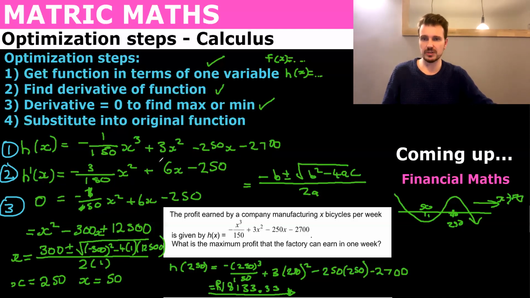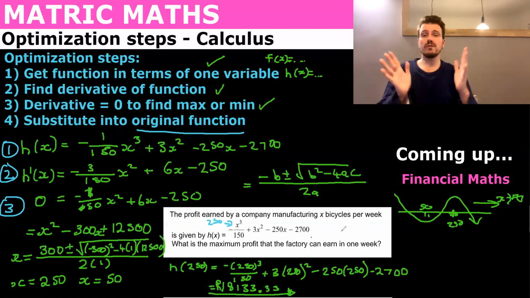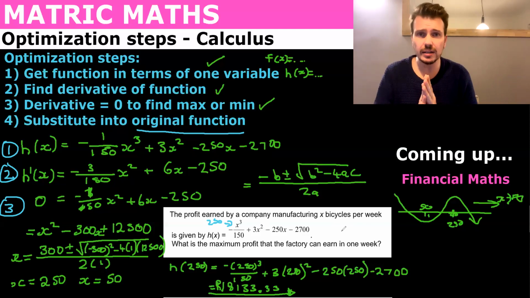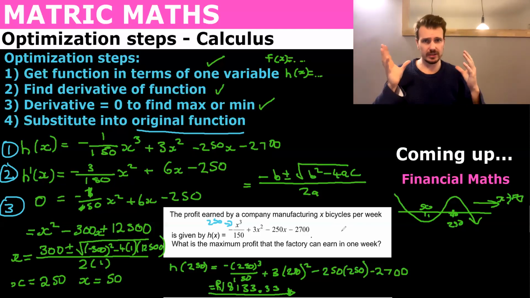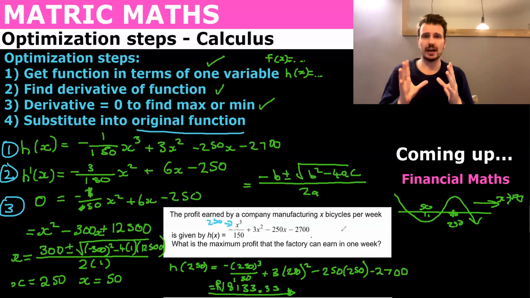That is substituted back into the original function, which is the function that they give you at the very beginning, or maybe you have to work it out. And that 250 goes in there, and you get your final answer. And this is going to hopefully be 6 to 7 to 8 simple marks in your final matric exam.